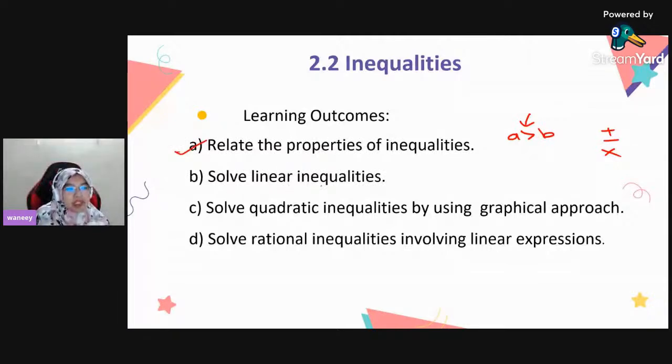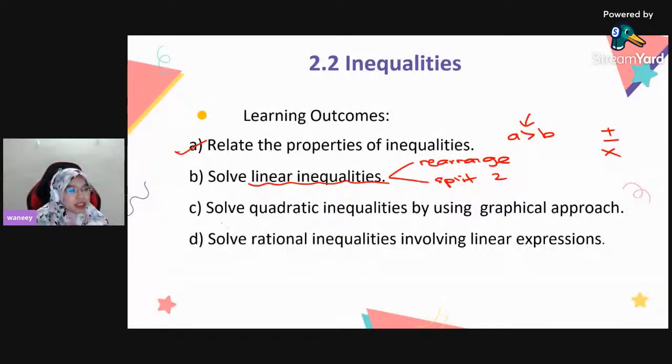And then B, solve the linear inequality. So we are going to see the method in order to solve linear inequalities. So basically I have two methods. Either we are going to rearrange or I'm going to split them into two inequalities. So later on, we're going to see why do I say we are going to split them into two.